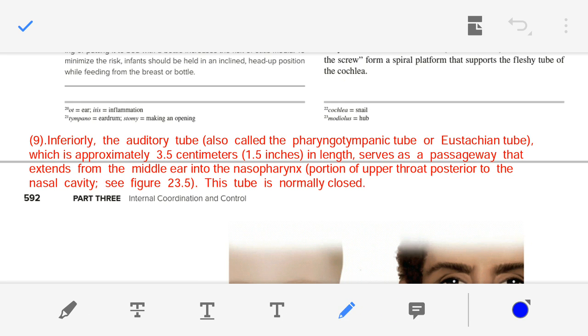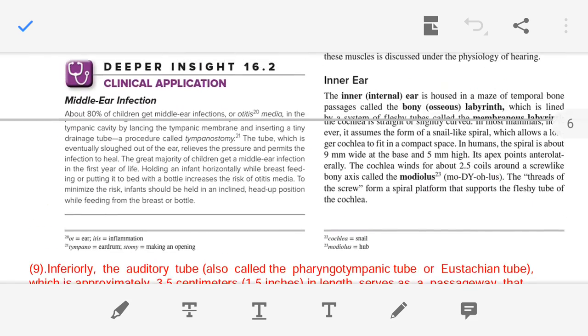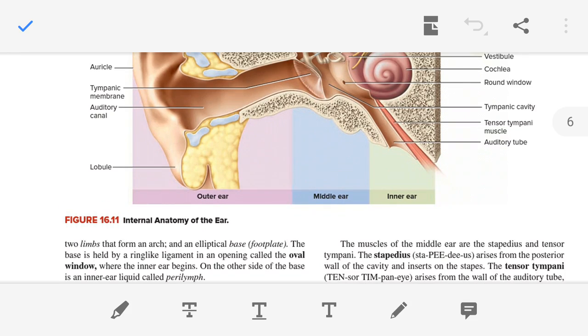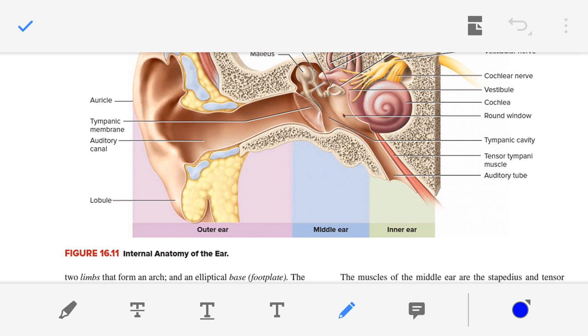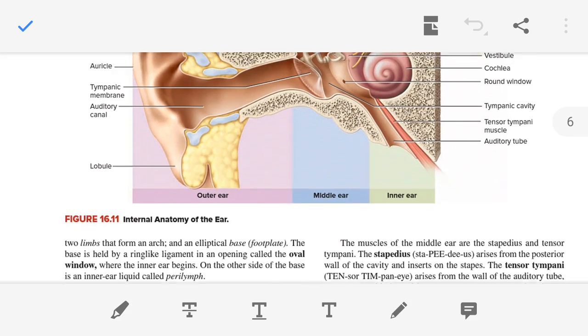Now generally this auditory tube is closed. In the figure, I am showing you once again, this is the auditory tube, and one more figure I would like to show you.